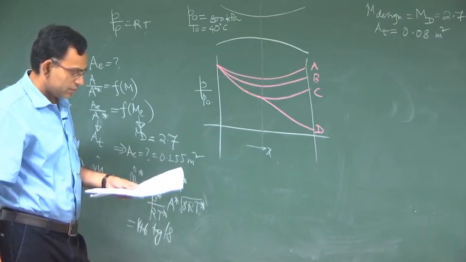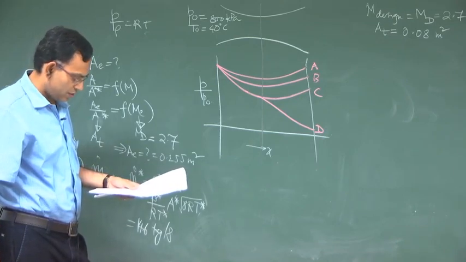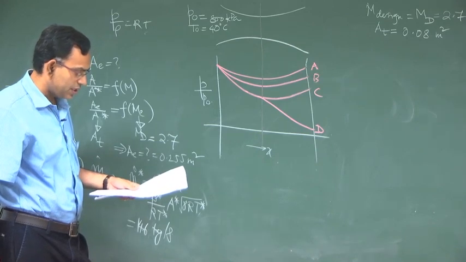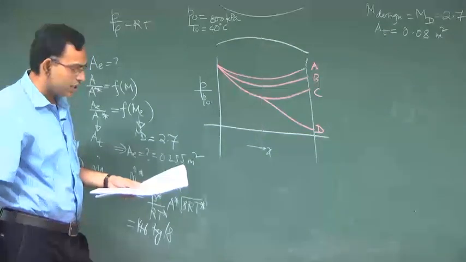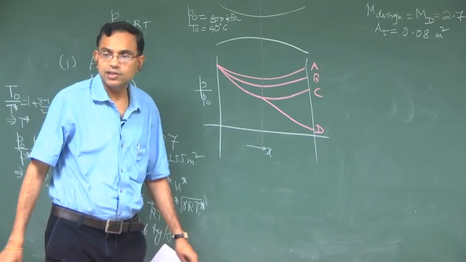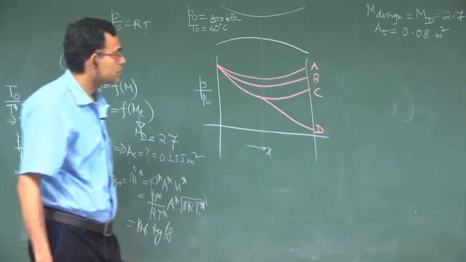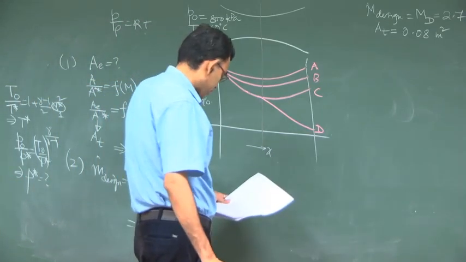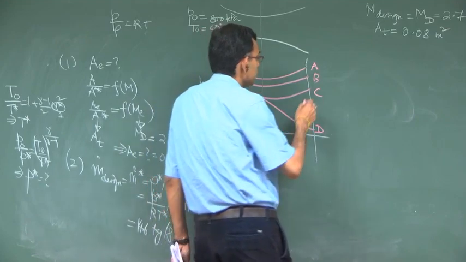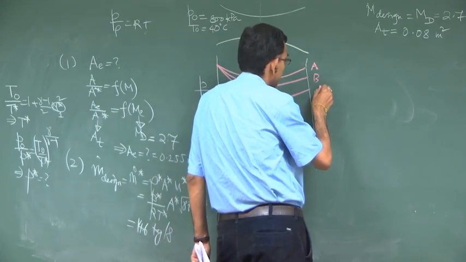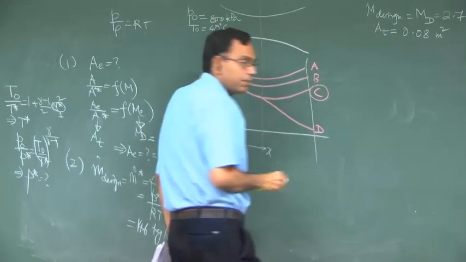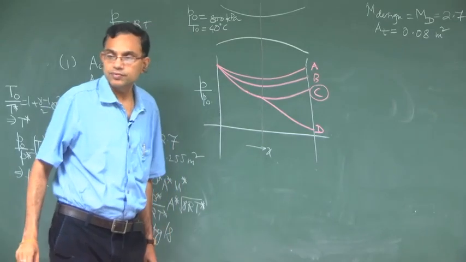Then the next question, what is the design back pressure for which there is only subsonic flow throughout the nozzle? Okay. So, question is what is the pressure at this point C?